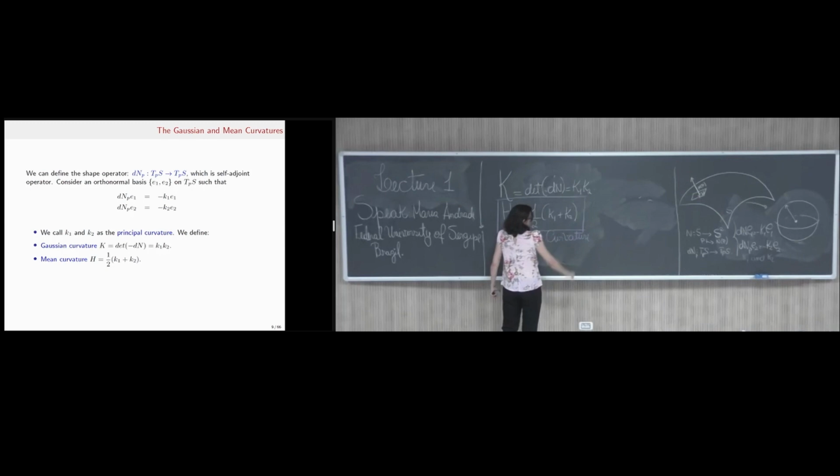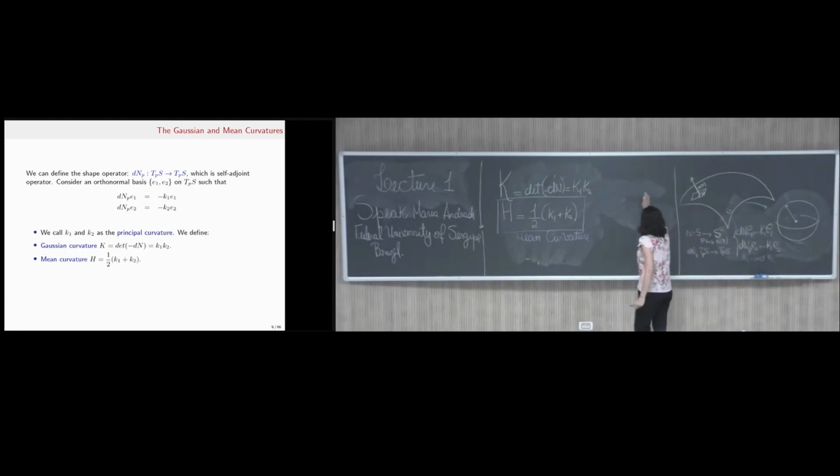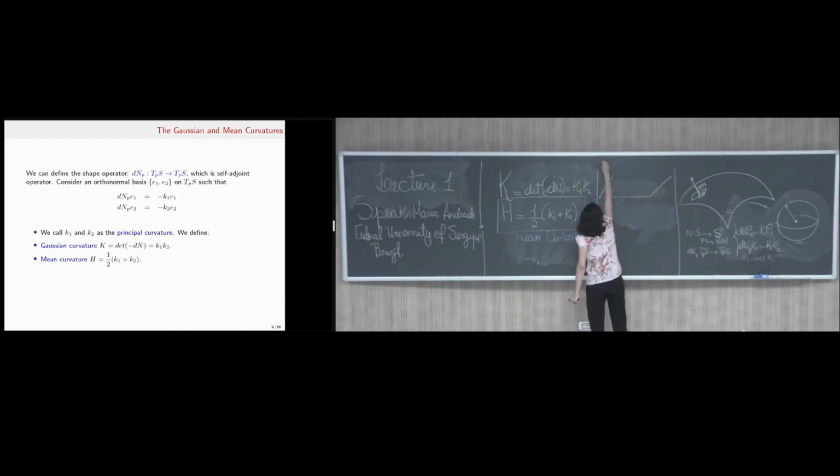So, some examples for you. The simplest example that you can see is the plane. Of course, the normal is constant.